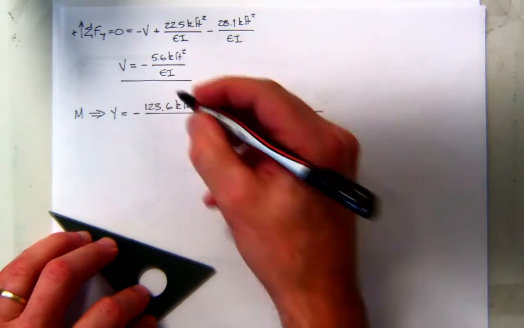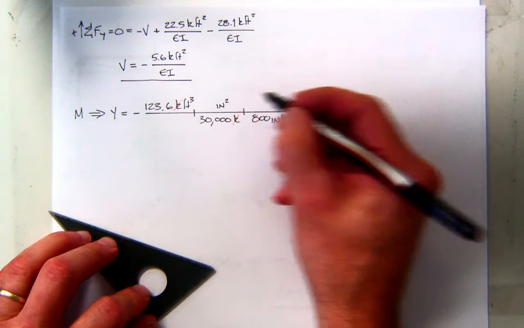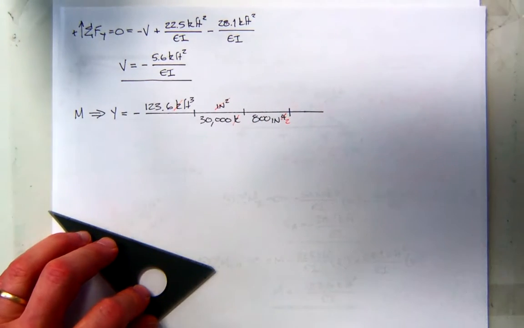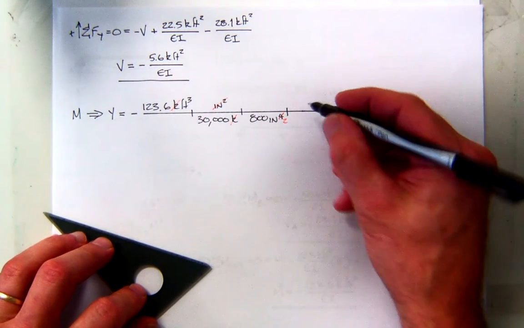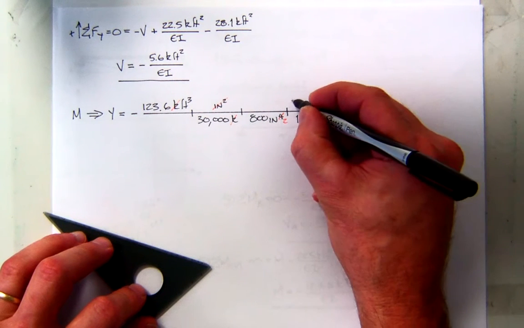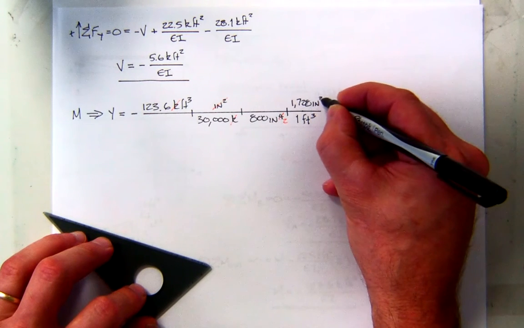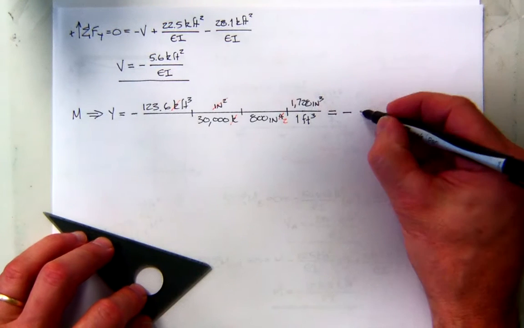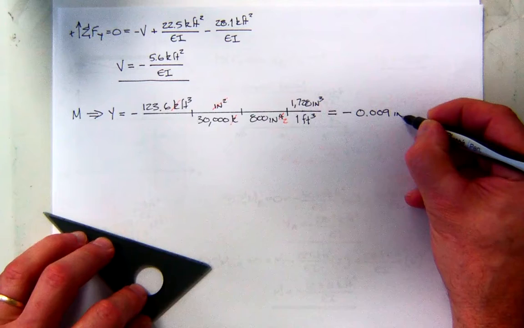So we've talked about before, the kips cancel. This cancels and makes that squared. So I have feet cubed over inches squared. I'm going to end up with the dimension of length, which is good. But I want to convert that cubic feet to cubic inches. So that'll be 1,728 inches cubed. And what is that calculation? 0.009. That's pretty small.